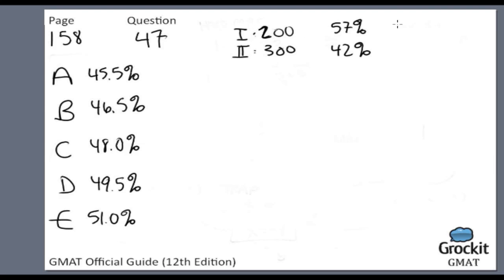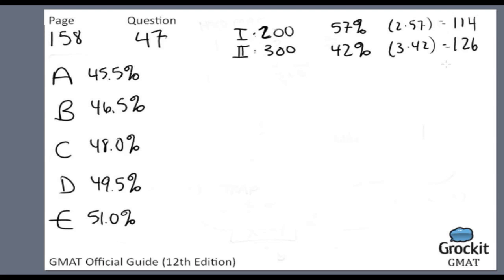So this is just 2 times 57, which gives us 114 germinated seeds. We can do the same thing with this one. 42% of 100 is 42, so 42% of 300 would be 3 times 42, which equals 126.